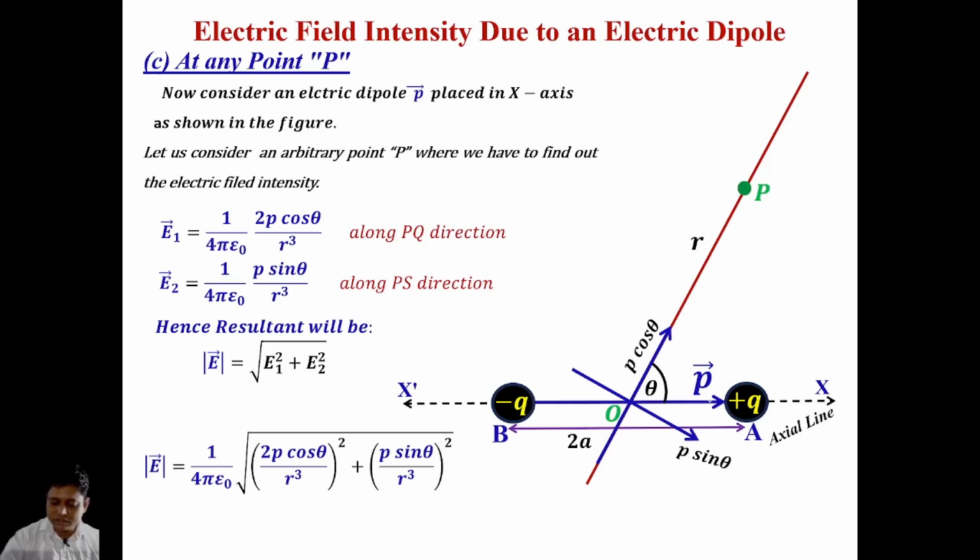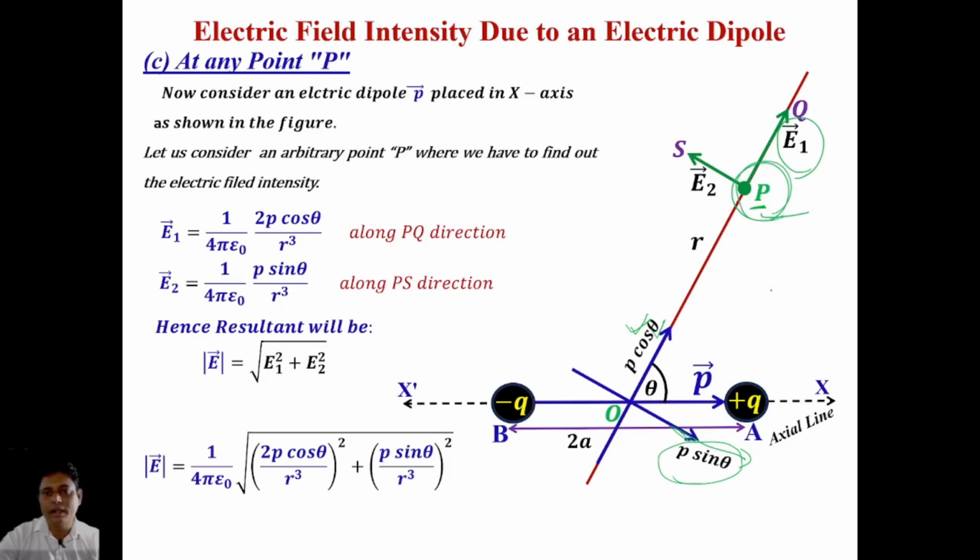As the point P is the so-called axial point for P cos theta, the electric field intensity due to P cos theta will be along PQ, say E1. For the P sin theta dipole moment, the point P is situated on the equatorial line, so the electric field intensity at point P will be along PS direction. Let this be E2.